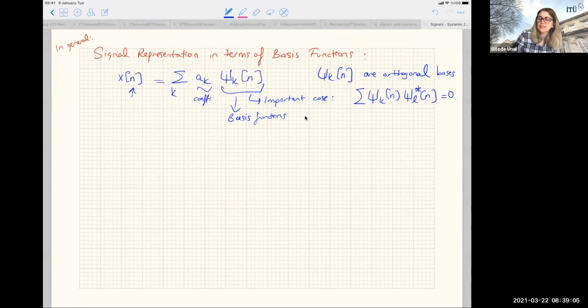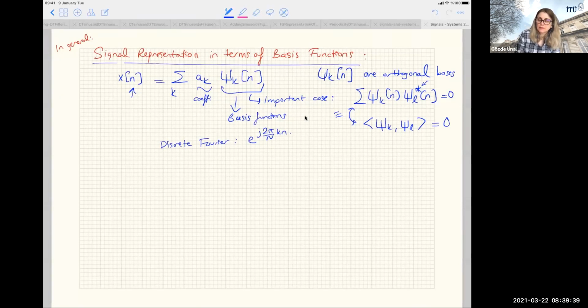Orthogonal basis means the inner product of these two, which we can show by these brackets, is 0. This is conjugate. Remember the conjugate form. So in Fourier expansions, this will be, for instance, e to the j 2 pi over n k. And this is the discrete Fourier basis, but this was just for generic representation.